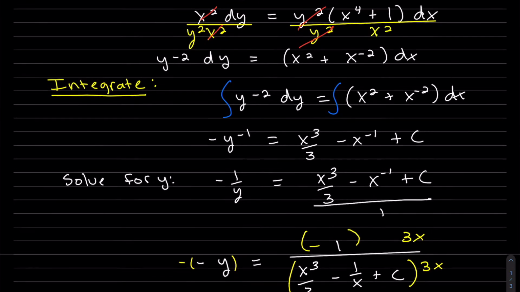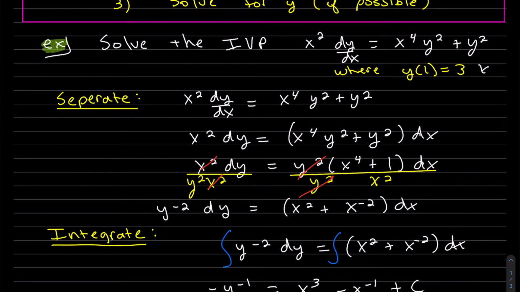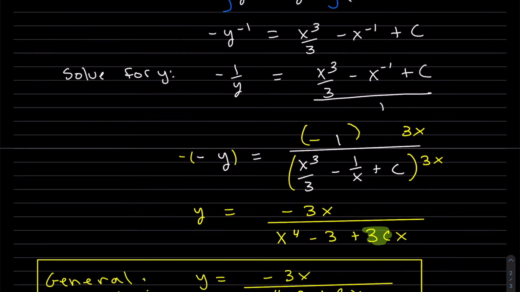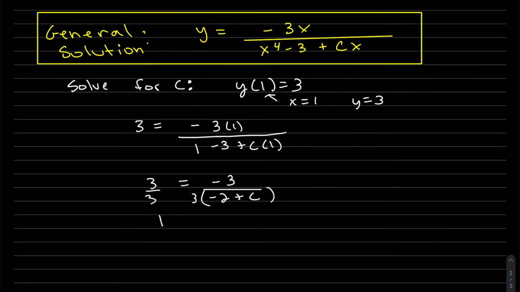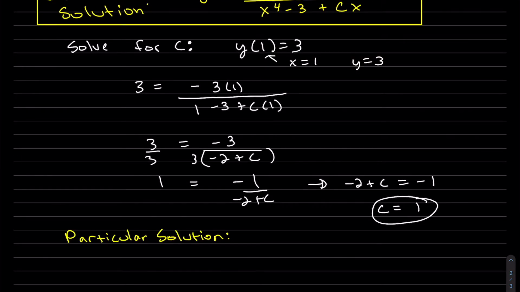That was given right here. So that is my y of x. X is 1, y is 3. 3 equals. So for the particular solution, we just plug back in c equals 1 into there. And there we have it.